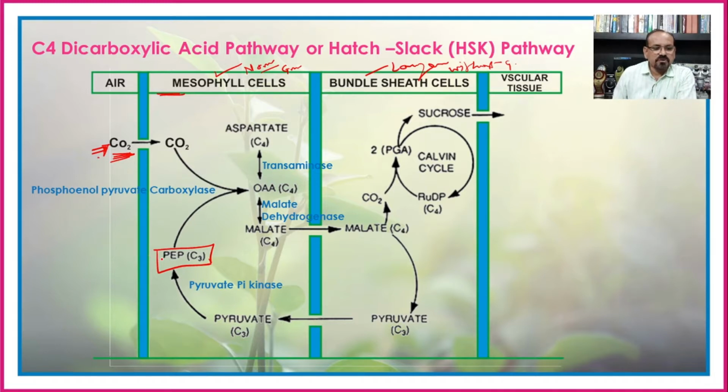This is a 3 carbon compound, and earlier in the Calvin cycle we have seen the carbon dioxide is fixed by ribulose 1,5 bisphosphate, which is a 5 carbon compound. So this is one of the basic differences between the C4 plants and the C3 plants.